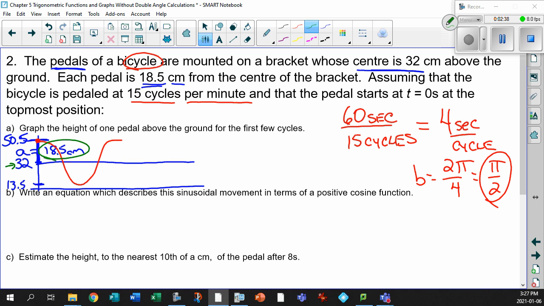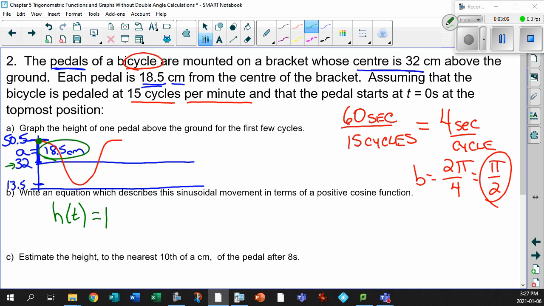Can we write an equation which describes a sinusoidal movement in terms of a positive and a negative cosine function? Sure, let's start with the positive one. We're starting up here first. The height as a function of time, remember, because these are sinusoidal applications, they have to be written as a function. What's your amplitude? Your amplitude is 18.5.